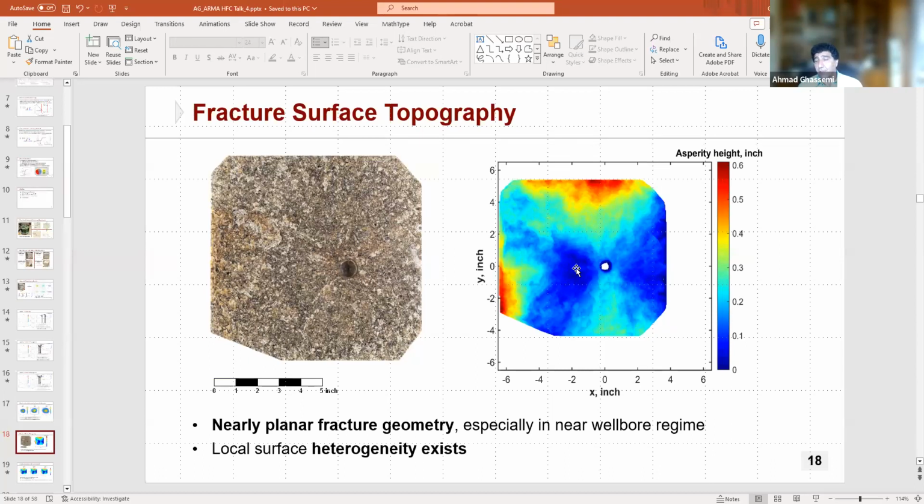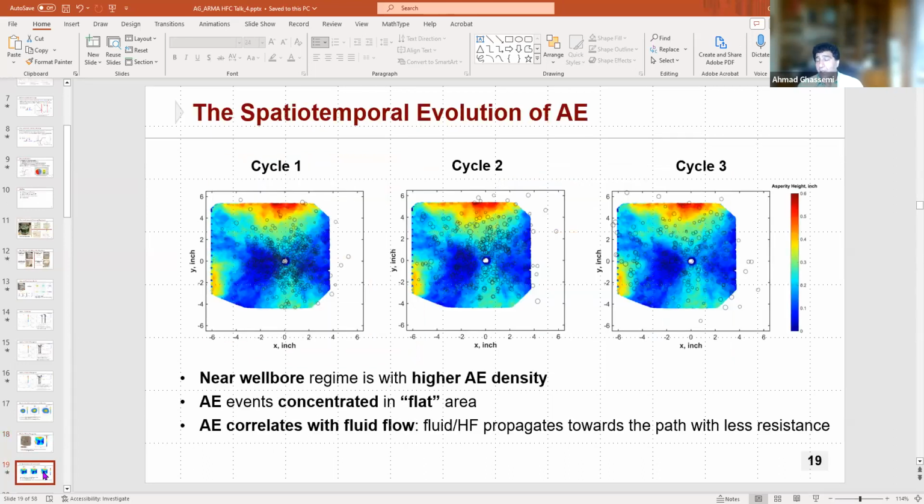What is interesting is that obviously there is fracture surface heterogeneity, which impacts the closure process. Also, it is interesting to note that the acoustic emission cloud is mostly distributed where the fracture surface has lower asperity and so is flatter.